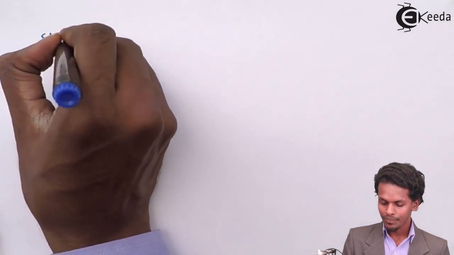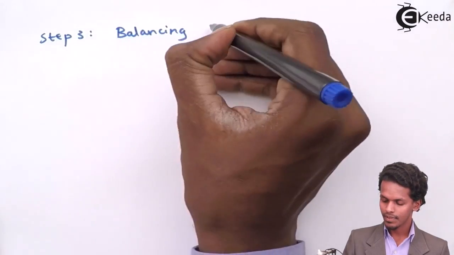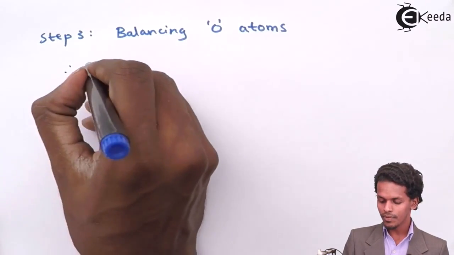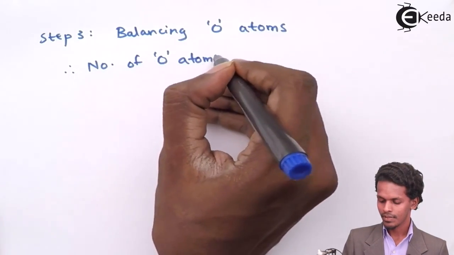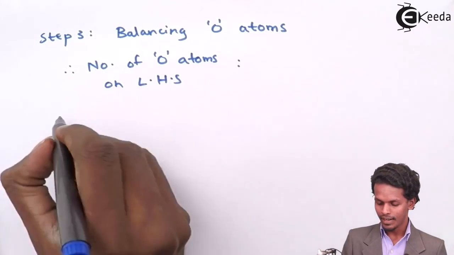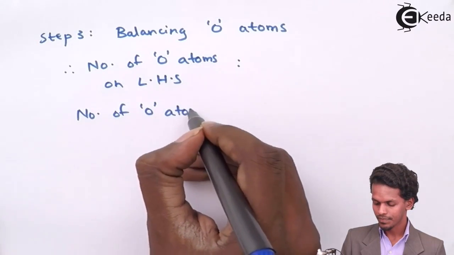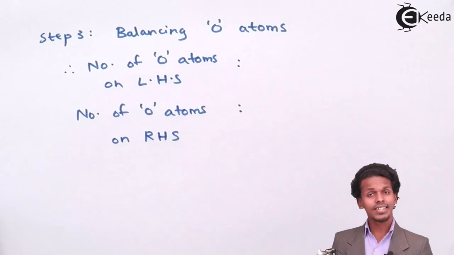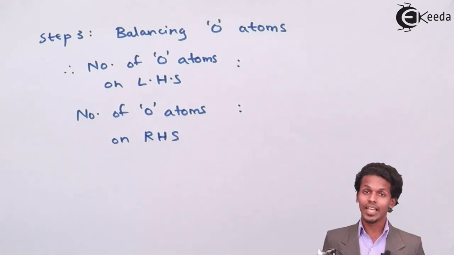So step 3 will be balancing oxygen atoms. So the number of oxygen atoms on the left hand side and the number of oxygen atoms on the right hand side. Let us calculate it by taking the latest equation that we have balanced.